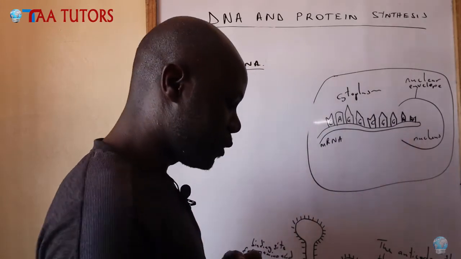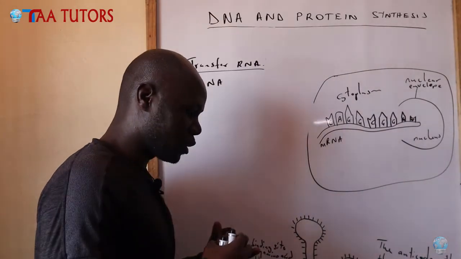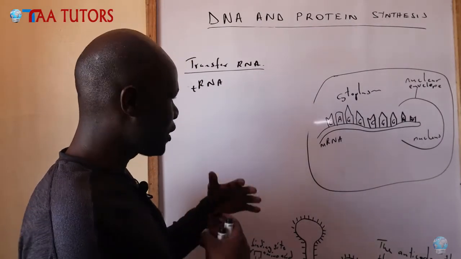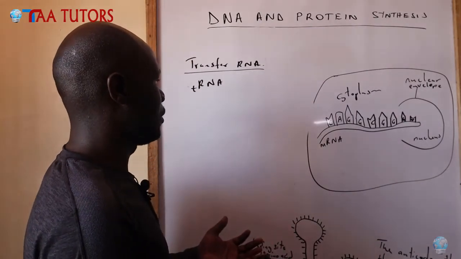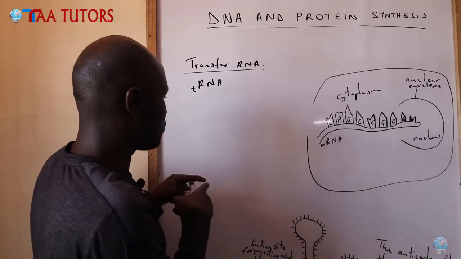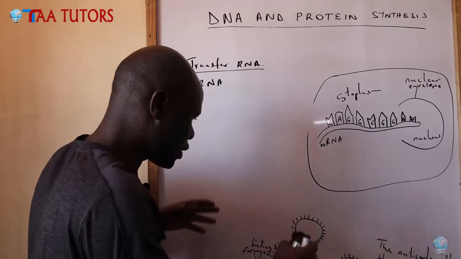Now, the moment they have been brought together, they are linked together through bonds to form the long chain. Actually, that is now the translation, which is done by the tRNA found within the cytoplasm. It brings them together.